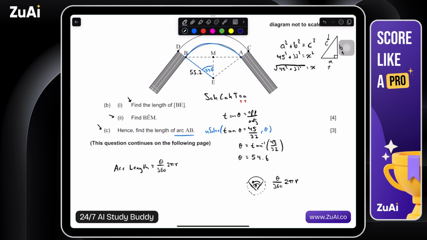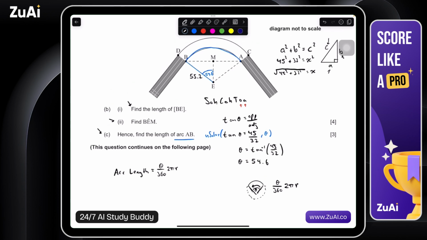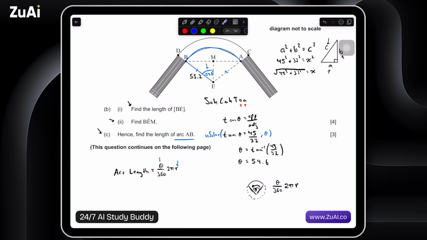So to find the length of arc AB, what do we need to solve for? We need to find r and theta. We already know we have this value, 54.6. We also know this is the midpoint, and this is the midpoint, so these two are the same.